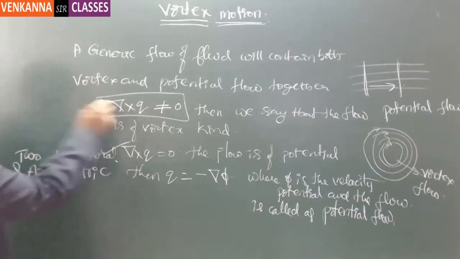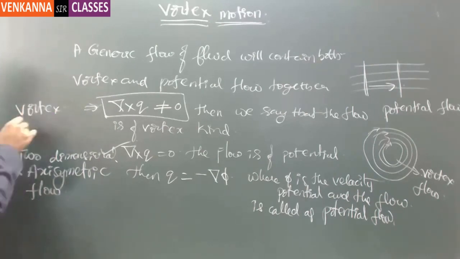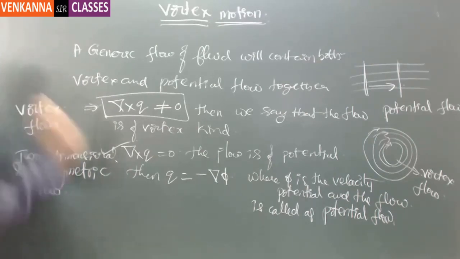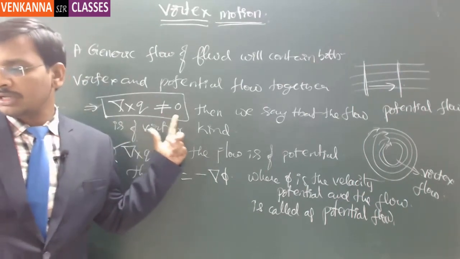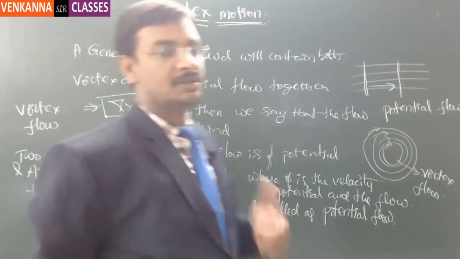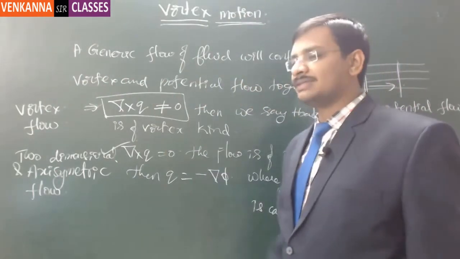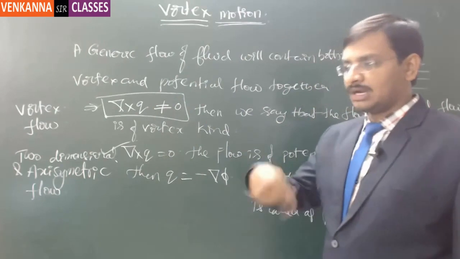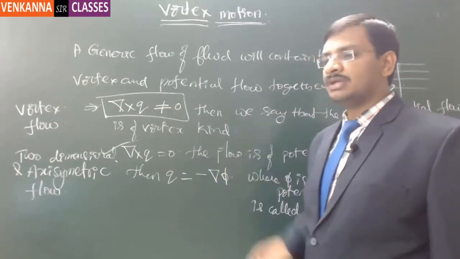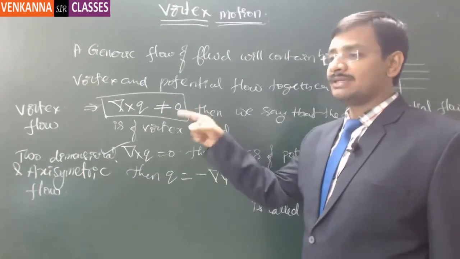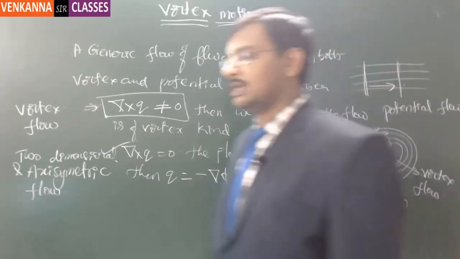And this is the vortex flow. There are some rotational components present in the fluid, and when they are present, obviously del cross q will not be 0. This is what we call the circulation. There is a kind of rotation in the flow, and that rotation is nothing but the circulation. This is modeled as a complex potential for us now. Okay, note down this. We are going to model this as the complex potential.